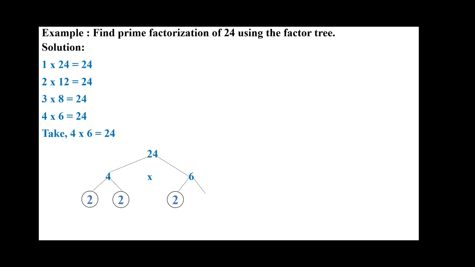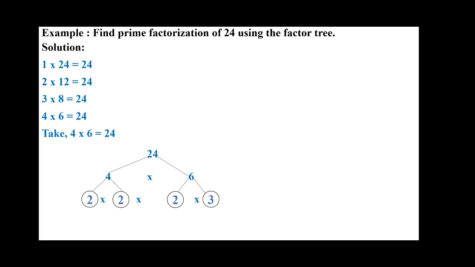Similarly, 6 we can write 2 into 3 because 2 3s are 6. 2 and 3 are prime factors. So, circle the prime factors.